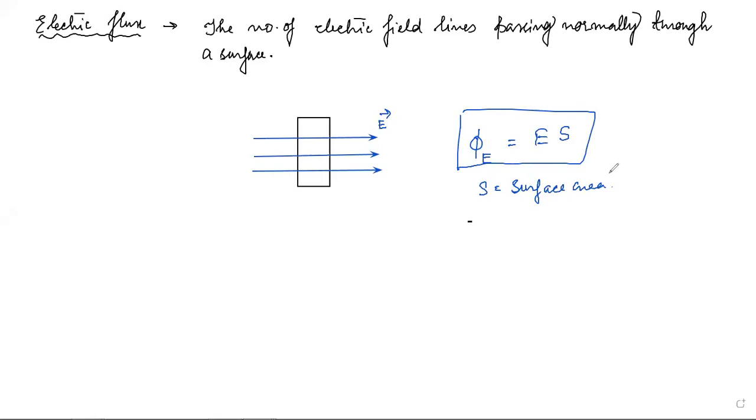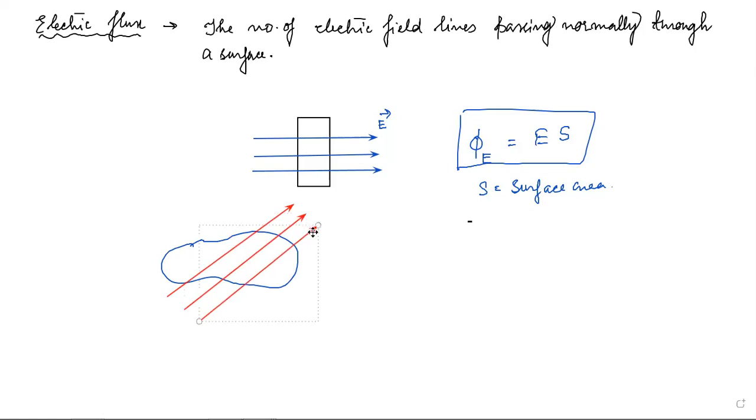Now, if the surface is not like this, then how can we find the electric flux? Suppose there is a surface like this, and electric field lines are passing through this surface like this.